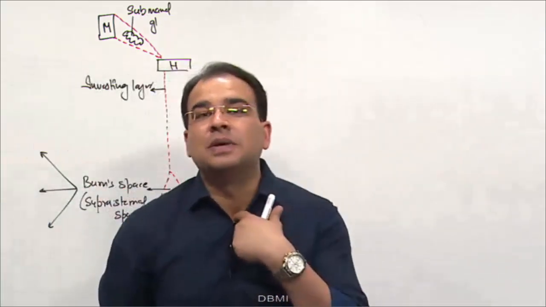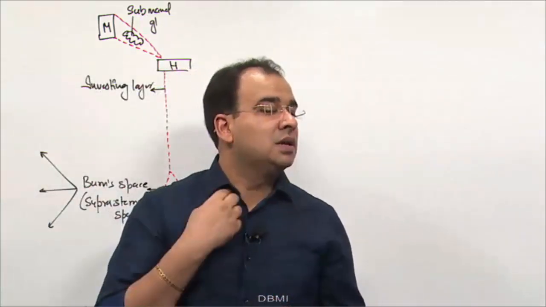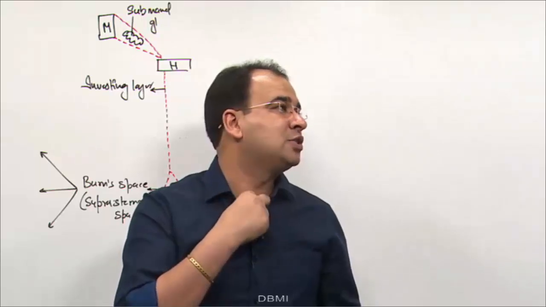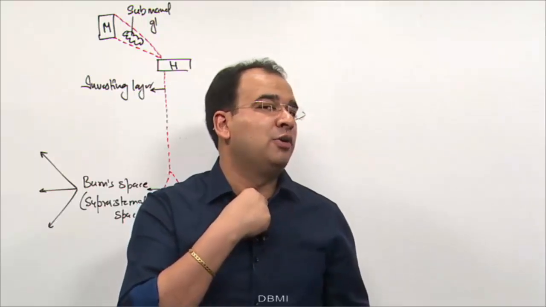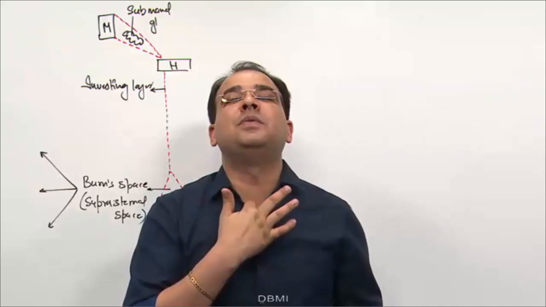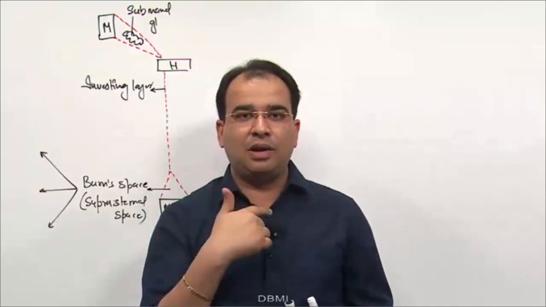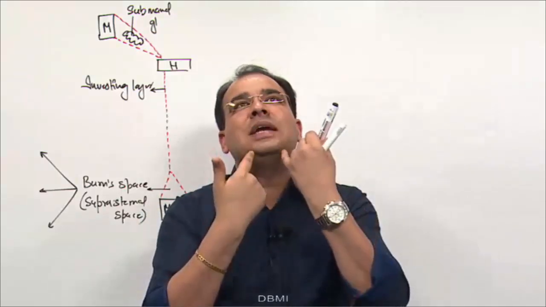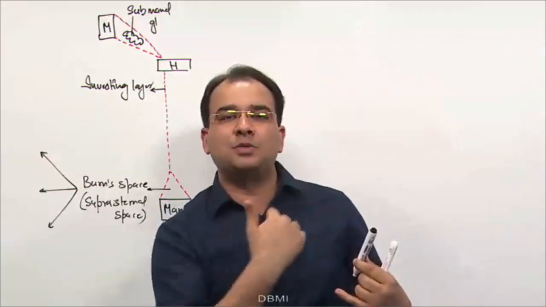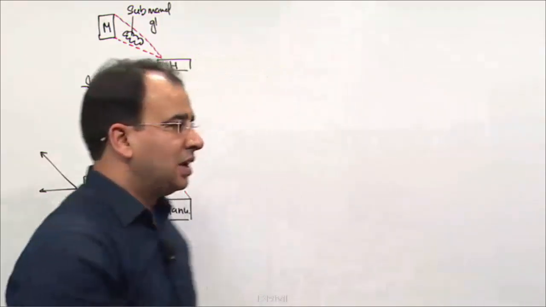Now what do you have in this Burns space, guys? First we have the sternal head of sternocleidomastoid. Then the ligament which is present between the two clavicles, that is the interclavicular ligament, and both the anterior jugular veins have a venous arch between them called the jugular venous arch.